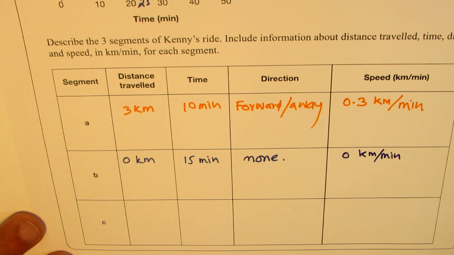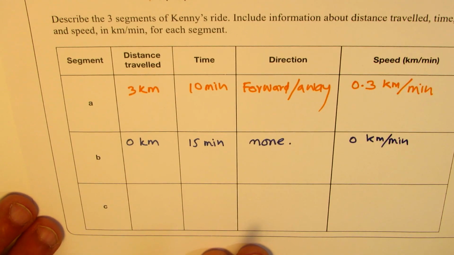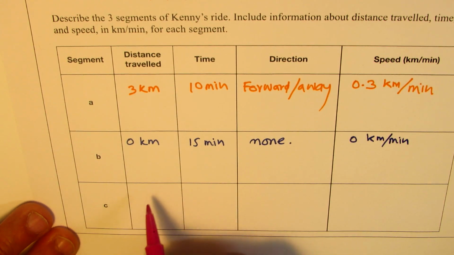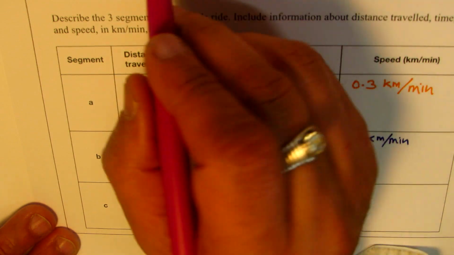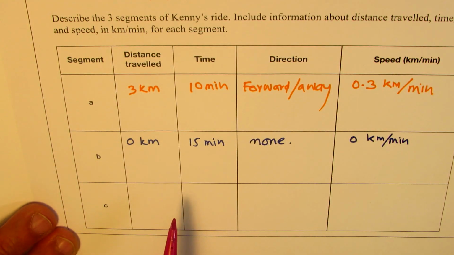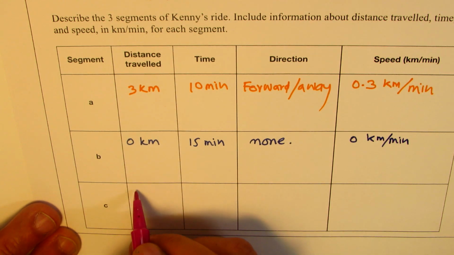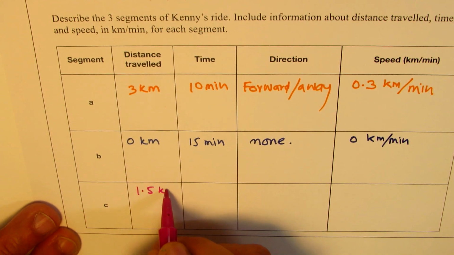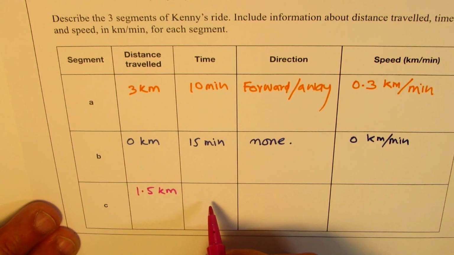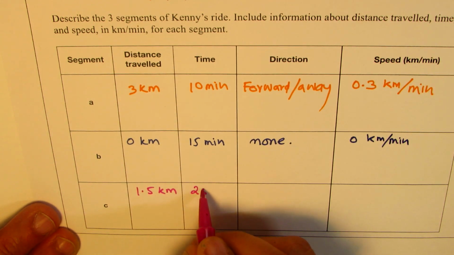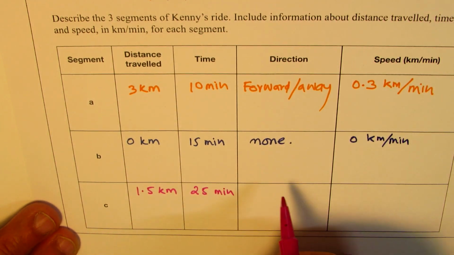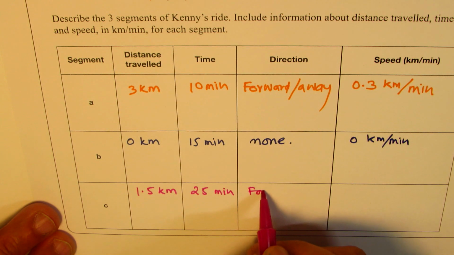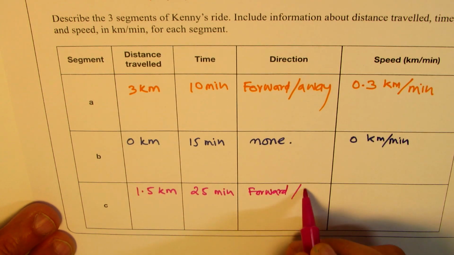And in the third case, part C, it is the speed, distance traveled. Distance traveled was from 3 to 4.5, so distance traveled 1.5 kilometers. Time taken was 25 minutes. Direction was forward or away, right?